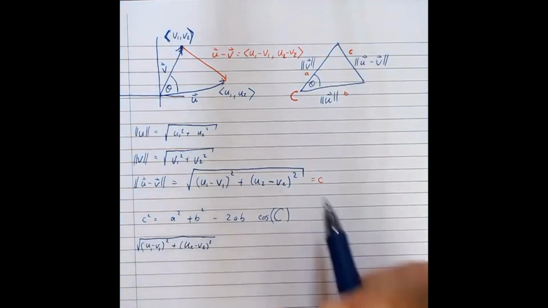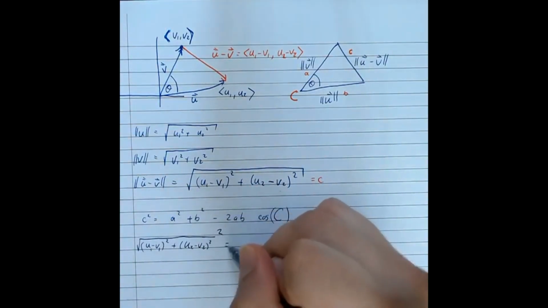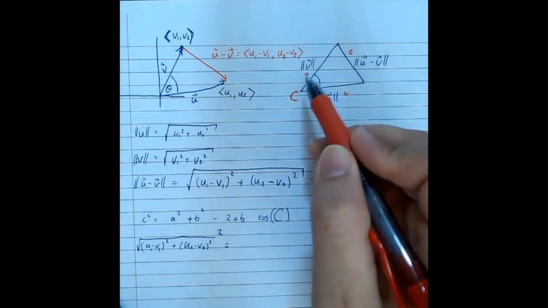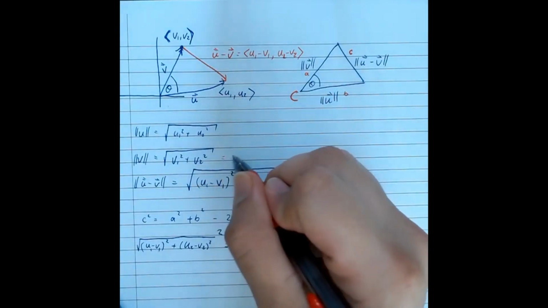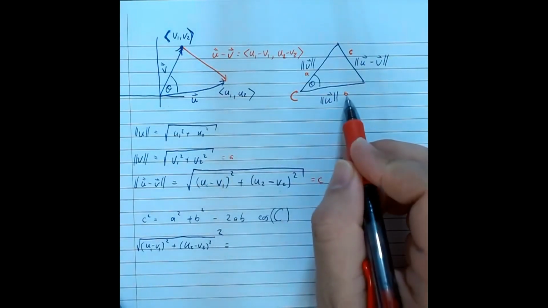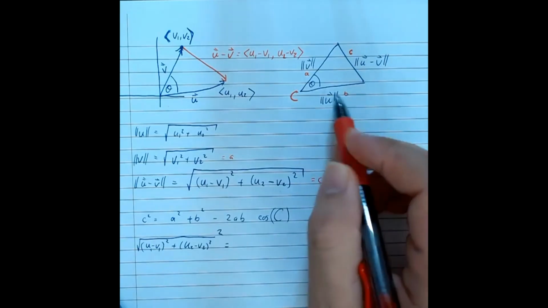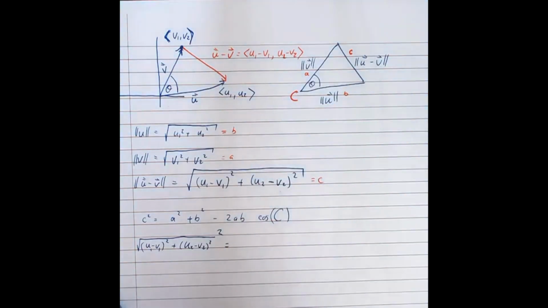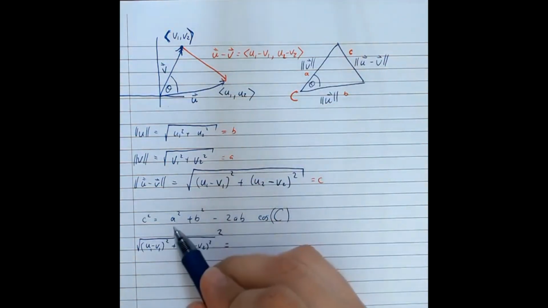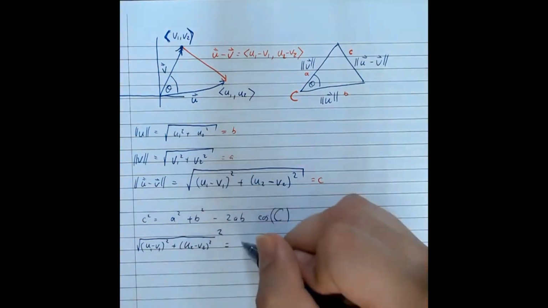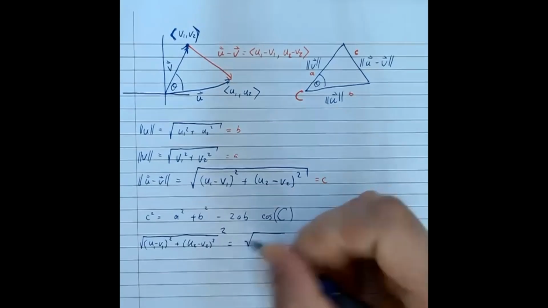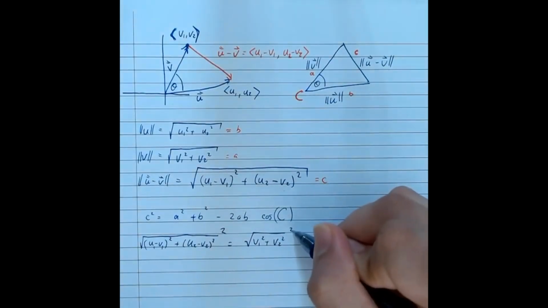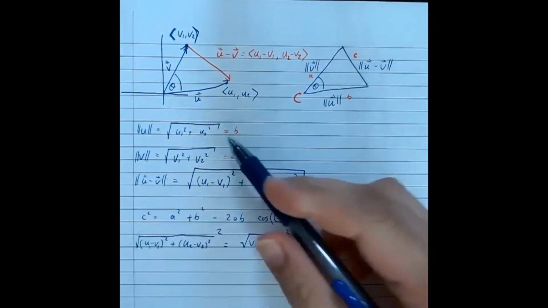I'm going to take that and square it. That's going to equal, well, notice, the magnitude of v is my a, so that's this one, and the magnitude of u is my b, so that's this one. So take your a and square it, and then I'm going to add my b and square it.